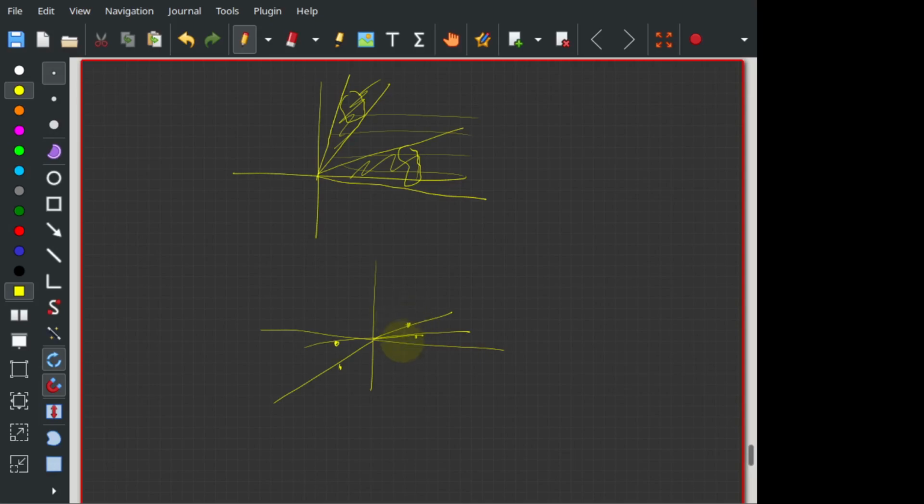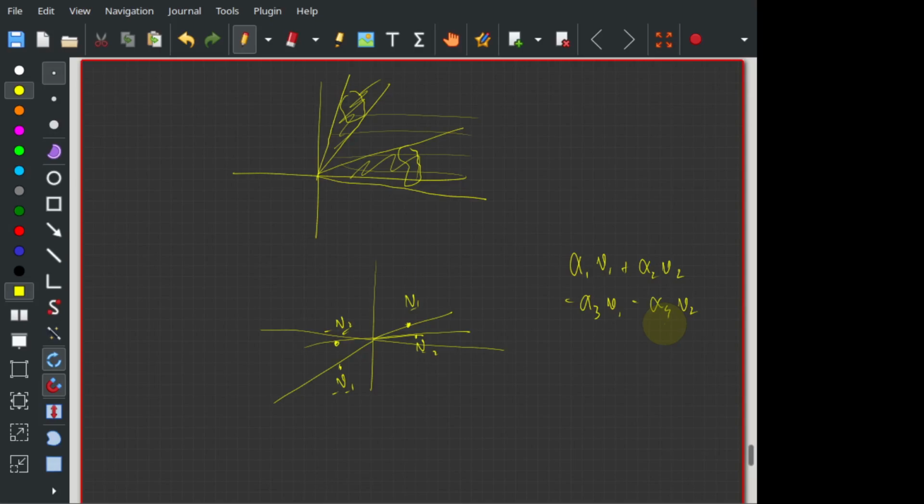Now, what is the conic combination of these vectors? What sort of linear combinations do I have? That's what I want to think about. Let me call these v1, v2, and I also have minus v1 and minus v2. I have alpha 1 v1 plus alpha 2 v2 minus alpha 3 v1 minus alpha 4 v2, correct?